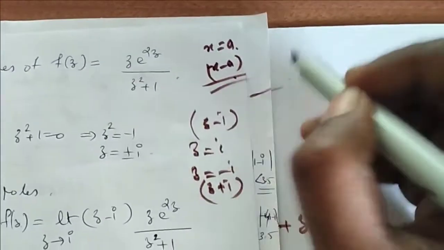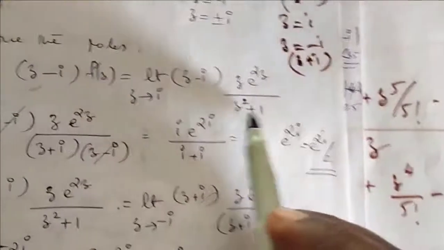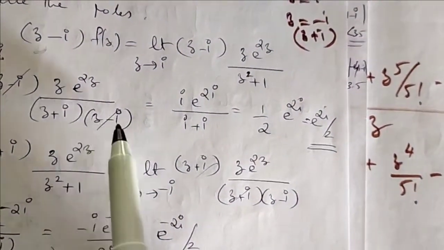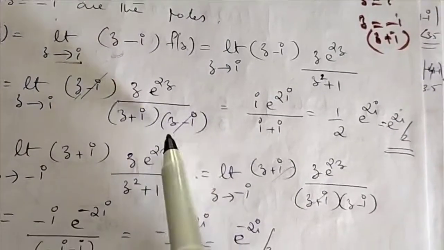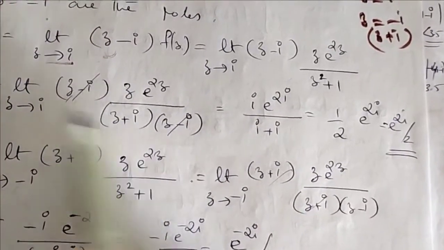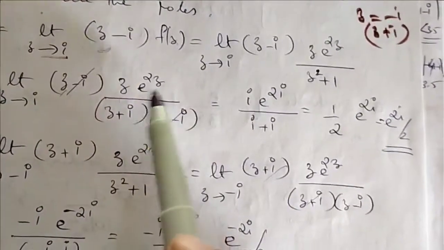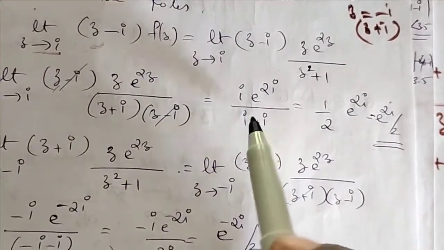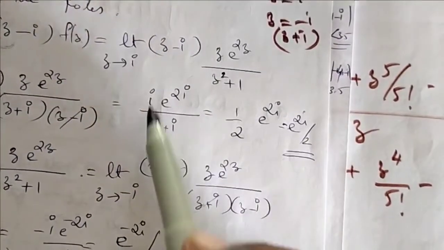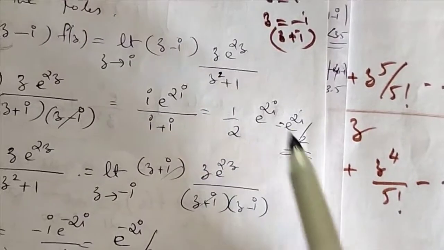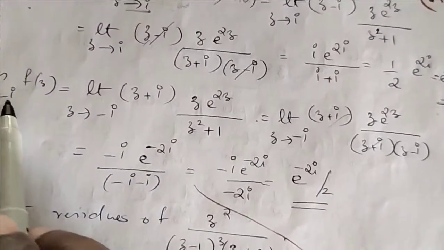That is the rule. So z square plus 1 can be written as z plus i into z minus i. So z minus i cancels. Put the value i for z. So i into e raised to 2i by i plus i, that is 2i. So i by 2i is 1 by 2, e raised to 2i by 2. This is the residue.